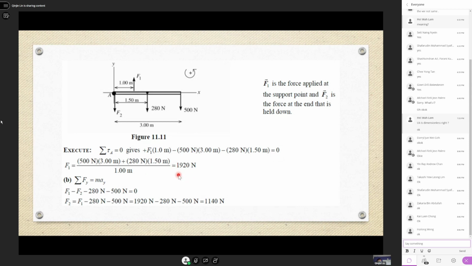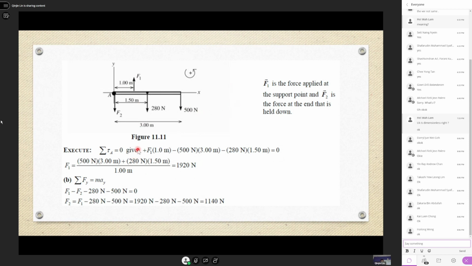The force F1 is 1920 Newtons, and it's a positive value, which tells you that you drew it pointing upwards, which is correct. So the force of the support acting on the board is pointing upwards, which makes sense because the diver presses on the right, so the support should be pressing up on the board.